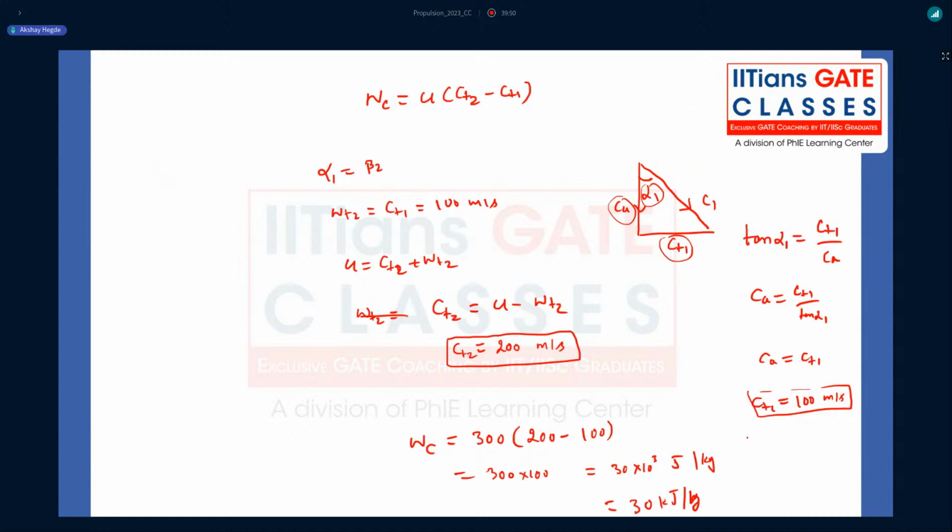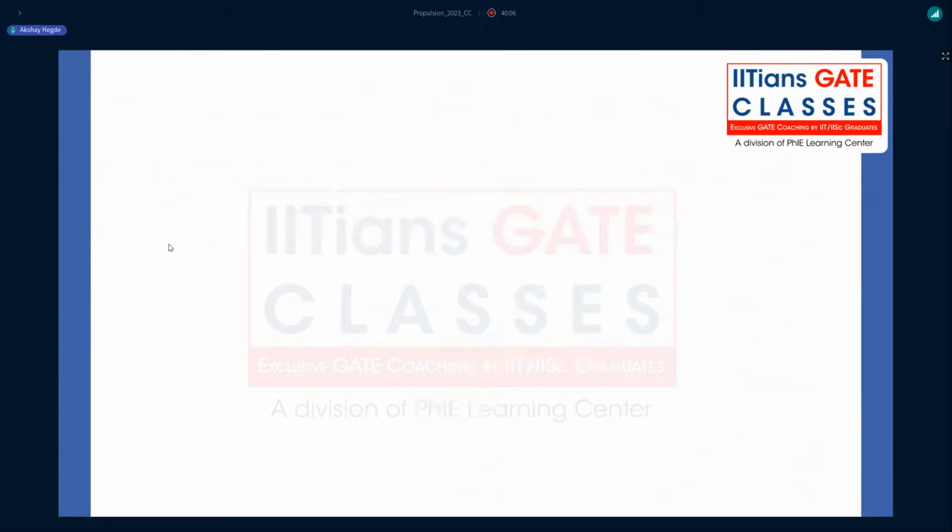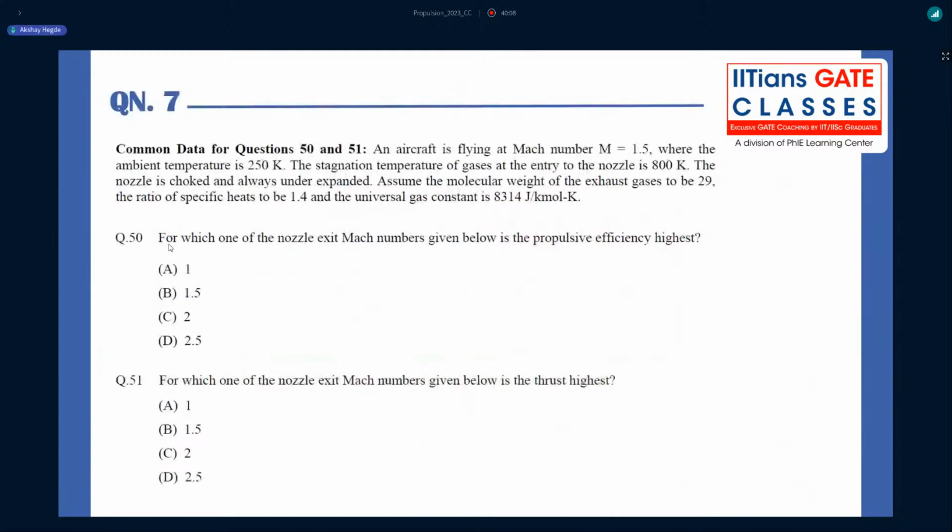Now look at the options. It's option A, right? 30 kilojoules per kg. So everybody clear? Yes. Let us move on to the last problem.